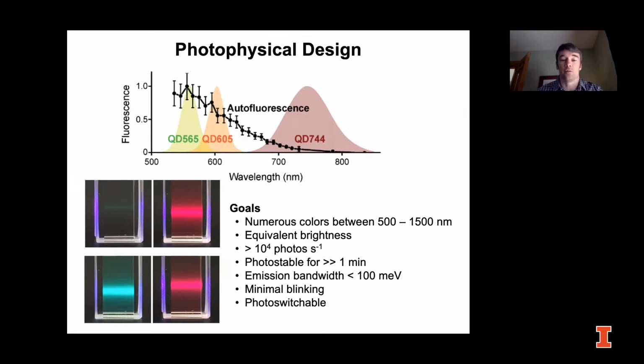Another goal is to create ones with controlled brightness. Currently a big problem with these materials that you don't see in other materials, like organic dyes, is this: you can use 2 or 3 colors and look at them at a single molecule level, and they're all about the same brightness. That's not the case with commercial quantum dots. That's what's shown on the top here for this vial with a laser excitation. If you use a blue and a red one together, the ones that are commonly used right now, they are much, much brighter in the red spectrum.